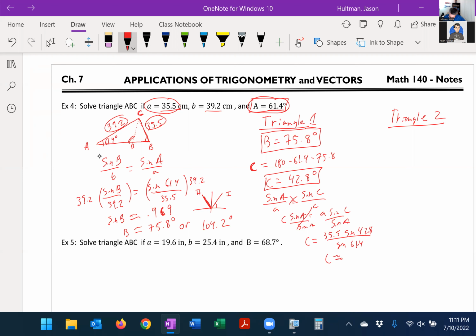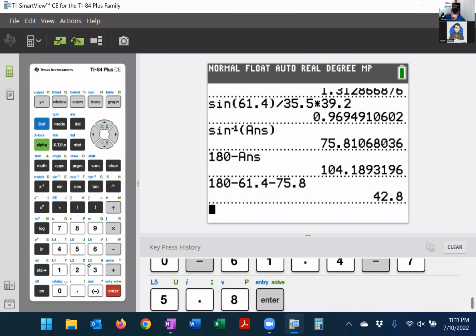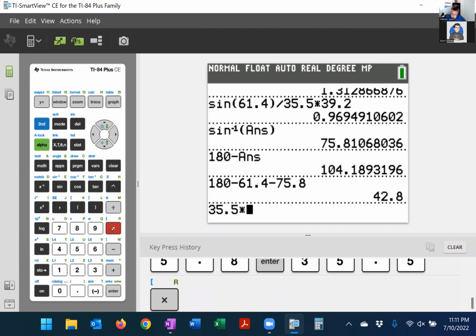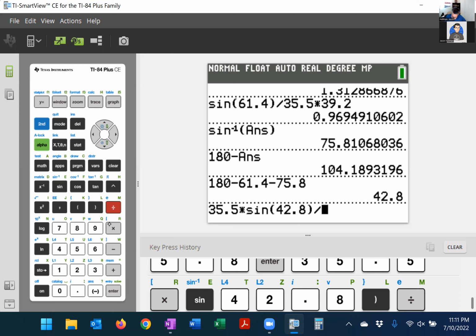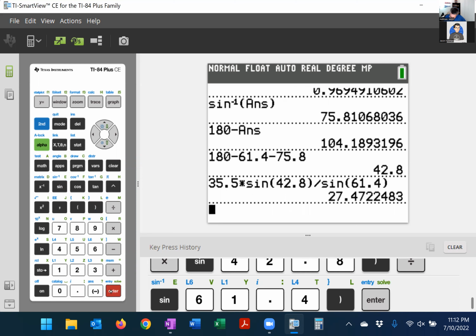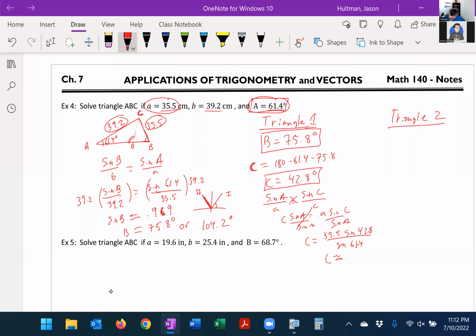Okay, so C is approximately what? So 35.5 times the sine of, what was C again? 42.8, times the sine of 42.8 divided by the sine of 61.4 equals about 27, we'll round it up, 27.5.